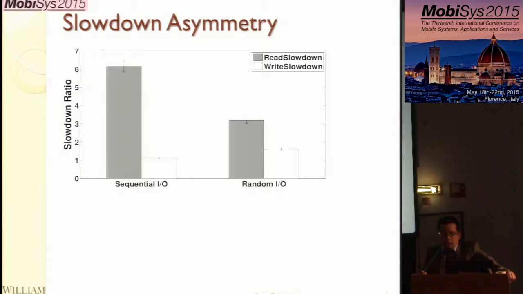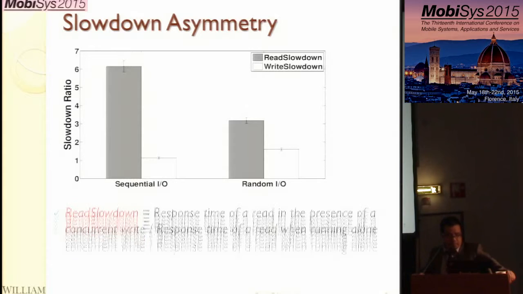When we take a look at this experiment, where we have sequential I/O and random I/O, and we have the slowdown ratio. When you take a look at the read slowdown, that's the black color, that's huge, right? While the write slowdown is much smaller. Similarly for random I/O.